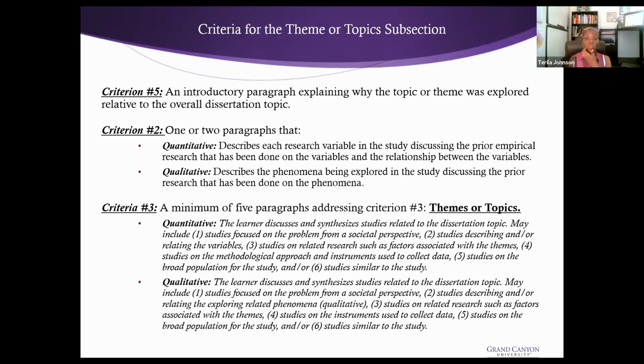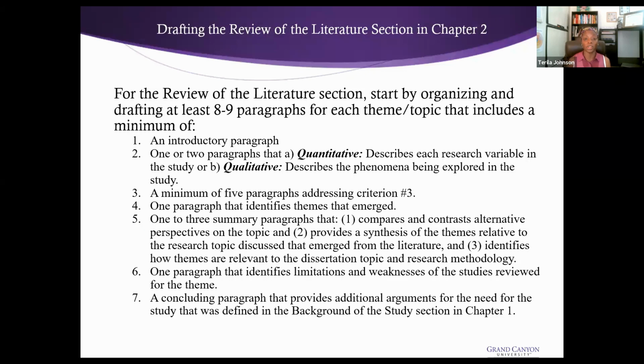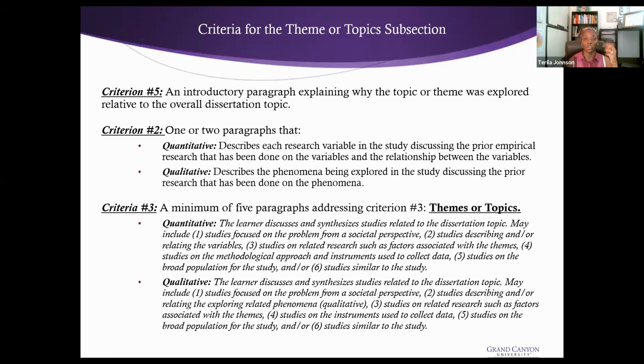All right, so criteria number 5 in the review of the literature section in the template, if you go there, it'll say that you need an introductory paragraph explaining why the topic or theme was explored relative to the overall dissertation topic. So there's that introductory paragraph, right? So you're starting it and you're making sure criteria number 5 is addressed.